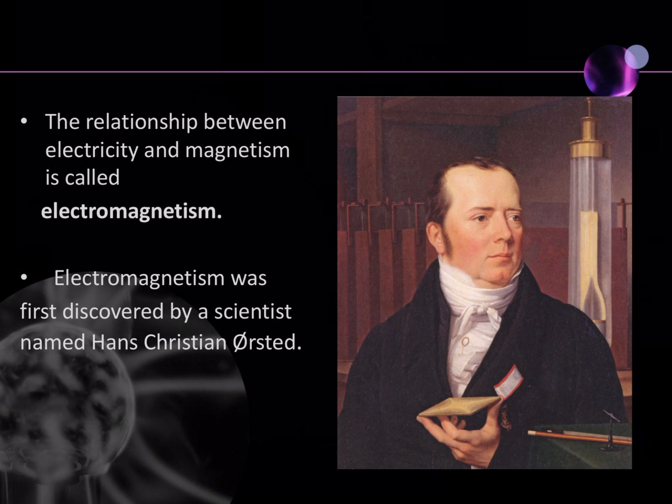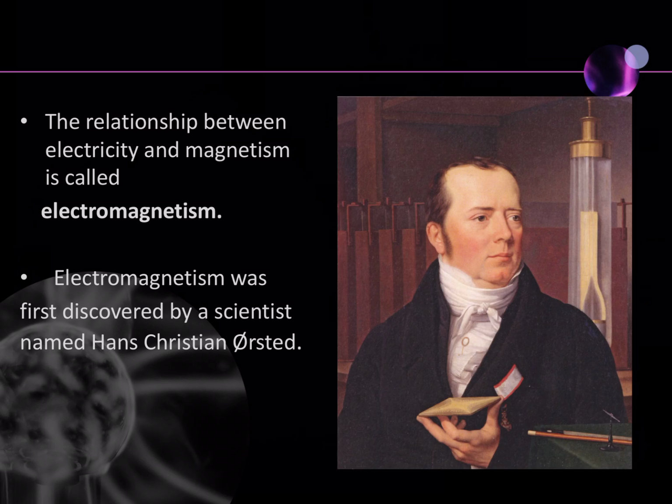The relationship between electricity and magnetism is called electromagnetism. Electromagnetism was first discovered by a scientist named Hans Christian Ørsted, and he took a compass to the classroom, and when he was near an electric current, he noticed that the compass would start moving.